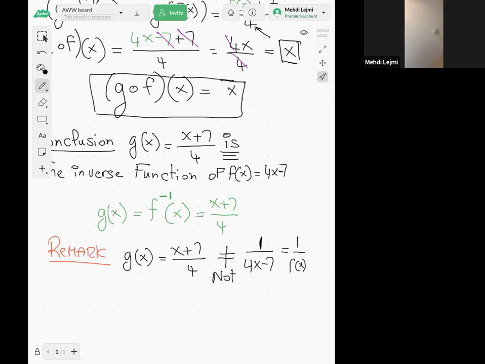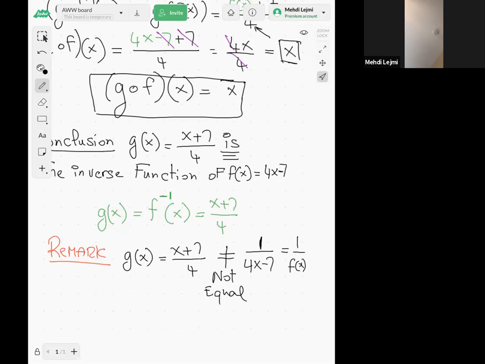So this function g, which is the inverse function of f, is not just 1 over f. It's much more complicated than that, and we're going to see in a couple of minutes how we find the inverse function.